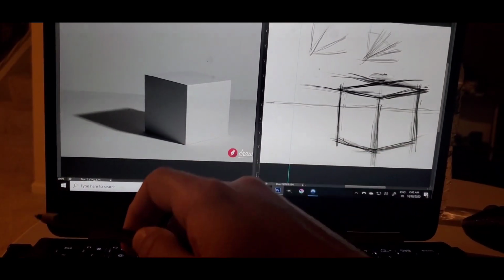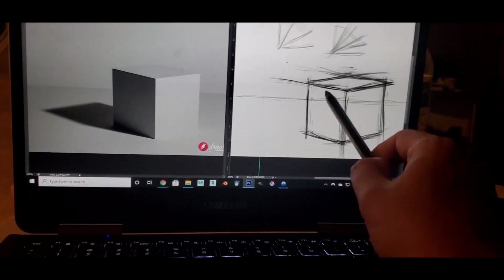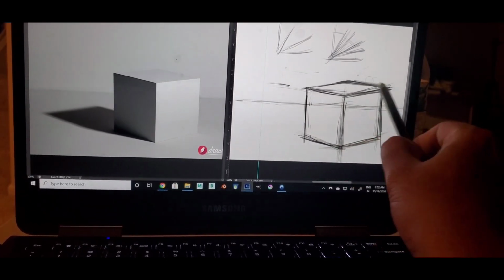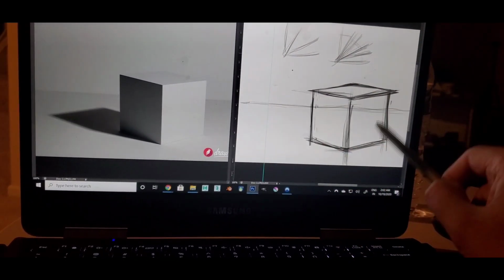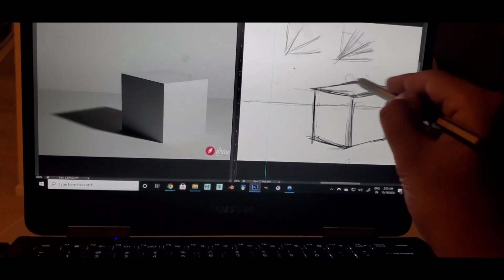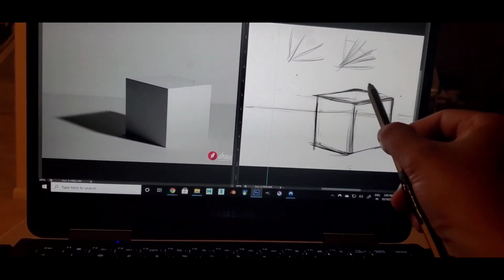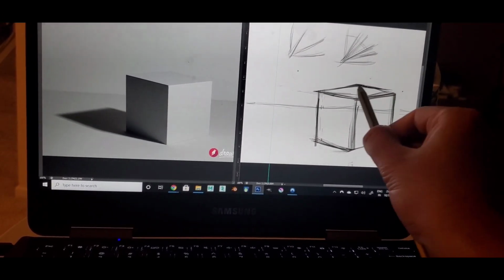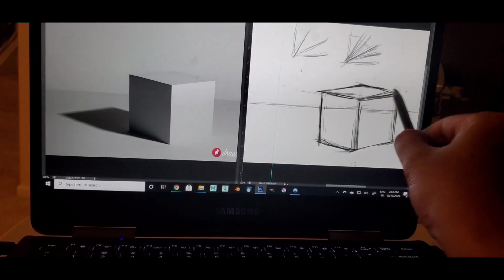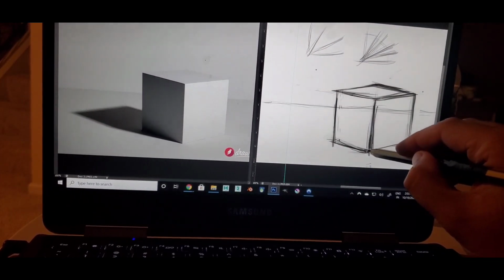What you need to do now is erase the dirty rough lines.